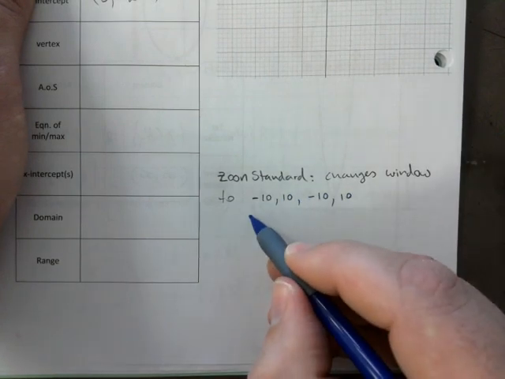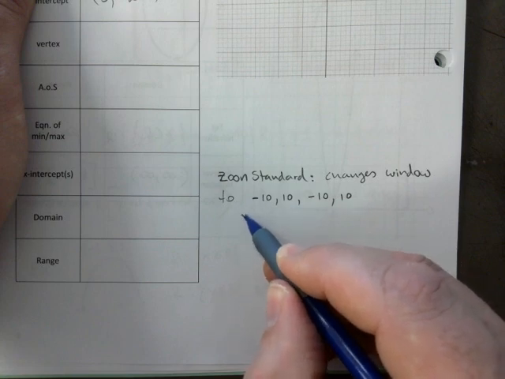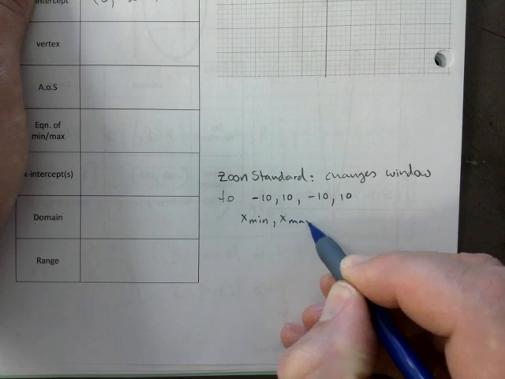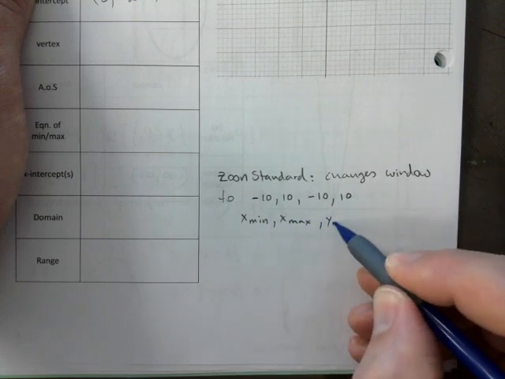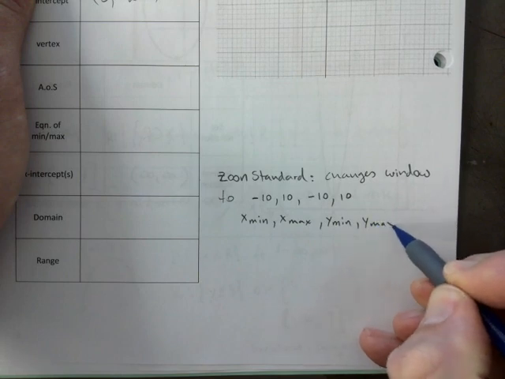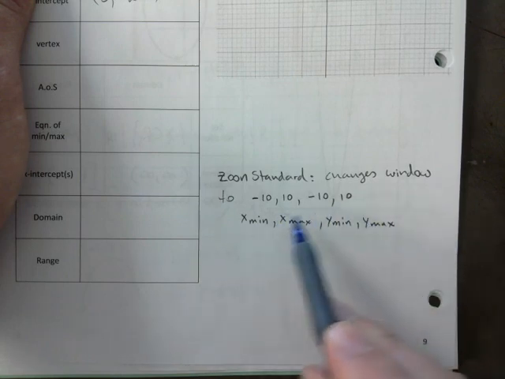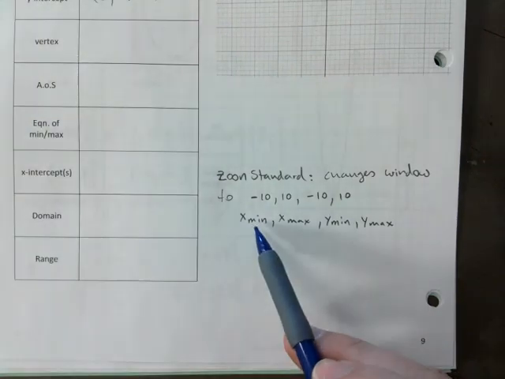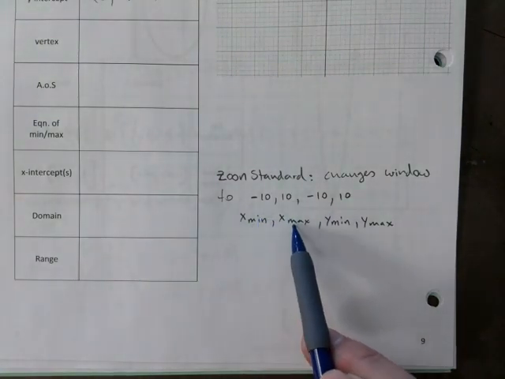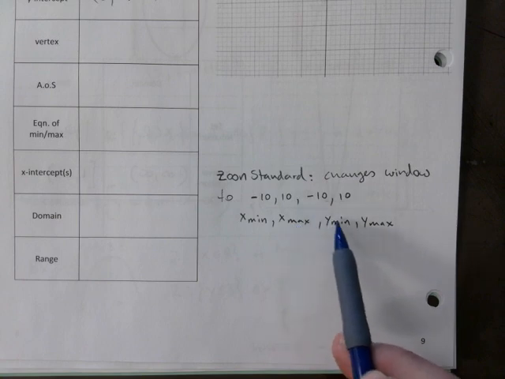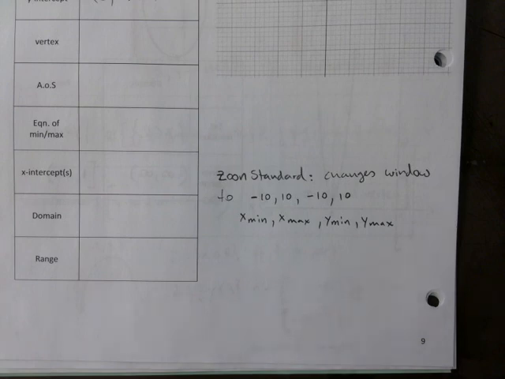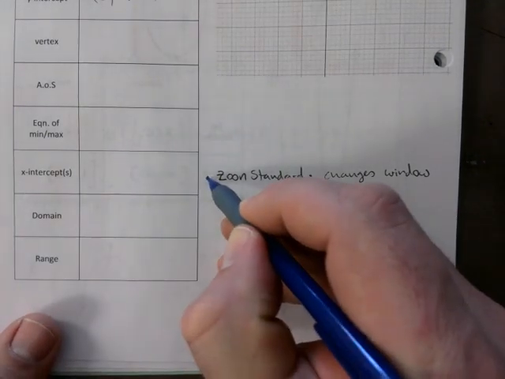What is that? This is what we call the X min, the X max, the Y min, and the Y max. That's what these numbers stand for. So the lowest X value that will be shown is negative 10. The highest is positive 10. Negative Y value, negative 10, positive 10, Y max. Okay. So that's my first zoom.